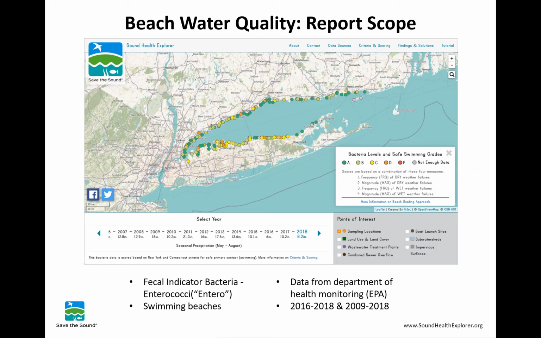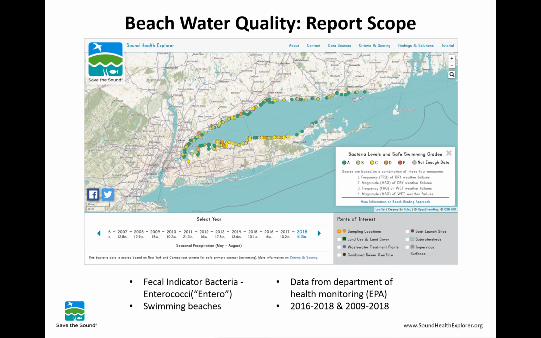But just in terms of starting with what the scope of the report is, for the website and the report, we take the monitoring data that is collected by departments of health all around Long Island Sound. The beach monitoring data is collected in accordance with the Federal Beach Act, and then it's submitted to EPA and put into a database that is open source.